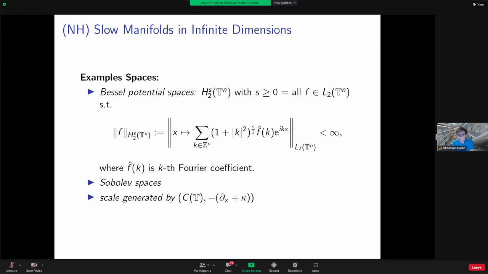Then you can use Sobolev spaces, but for this Haller-Menon example, we actually used periodic continuous functions, and the operator that generates the interpolation-extrapolation scale is a first-order operator. So you can use all sorts of spaces, plug them into this theory and get invariant slow manifolds out, even though B is an unbounded operator, which I think is very nice.